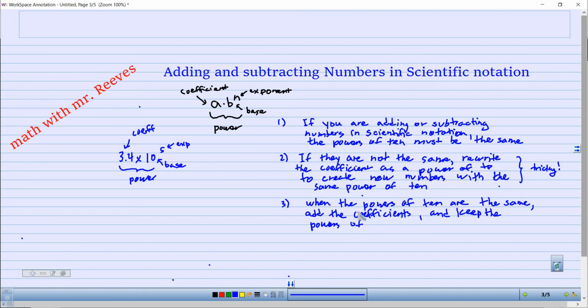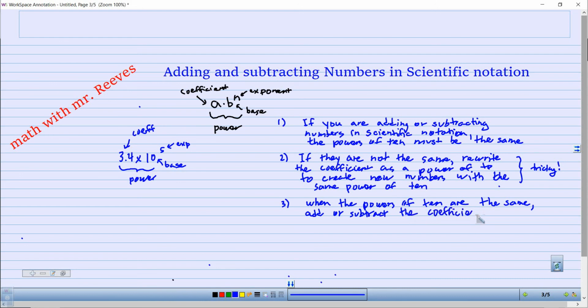Add the coefficients. I should have said add. Sorry, guys. Woo! It's a good thing this is a video, huh? All right. I know that doesn't help you if you were writing it down, though you can rerun the video. When the powers of 10 are the same, add or subtract, right? Because we could be subtracting. Add or subtract the coefficients.